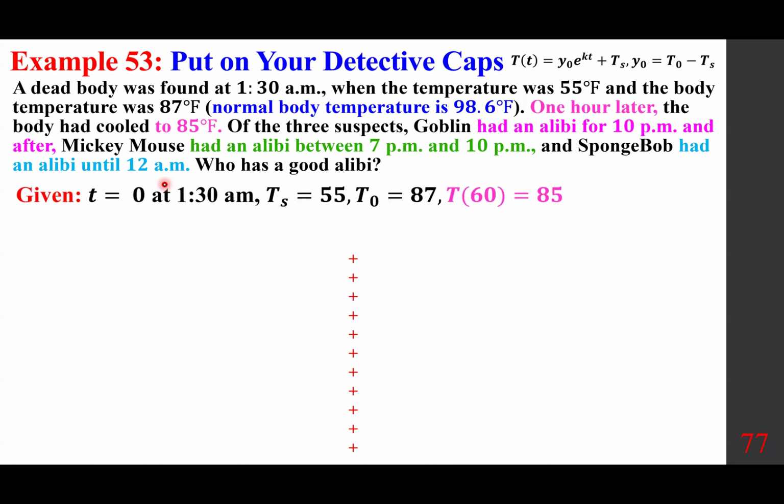Well, at t equals 0, or 1:30 a.m., the surrounding temperature is 55 degrees and the body temperature, capital T of 0, or T sub 0, is 87, and 60 minutes later, capital T of 60 is 85. So this is the given as we look at this situation.